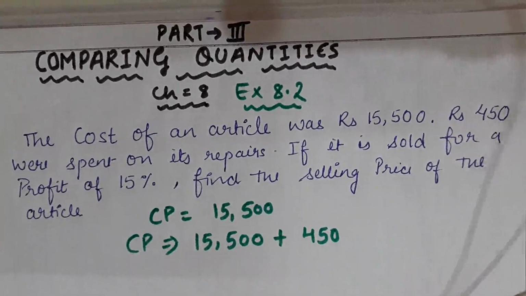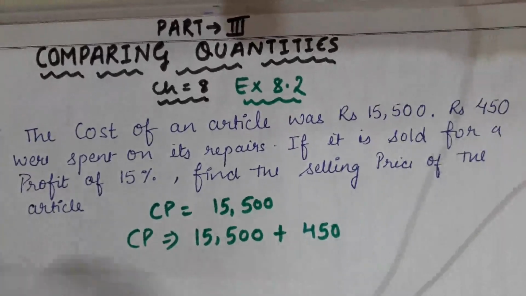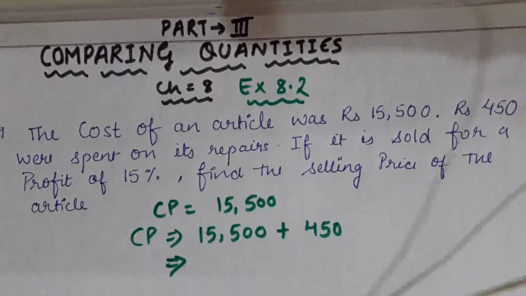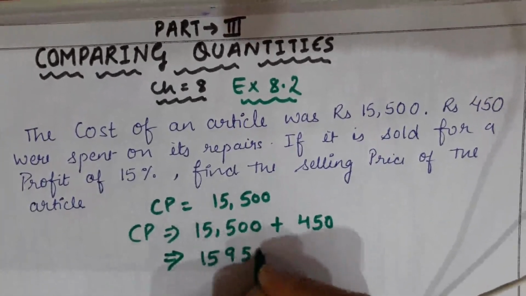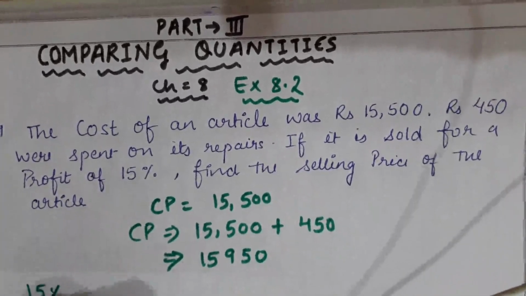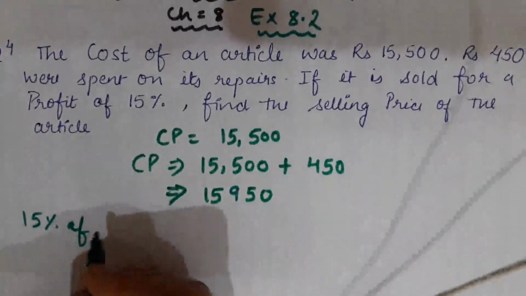So after selling that particular article, you get a profit of 15%. So the total CP will be, after adding that, 15,950. So 15% profit is there, 15% of profit on the amount.